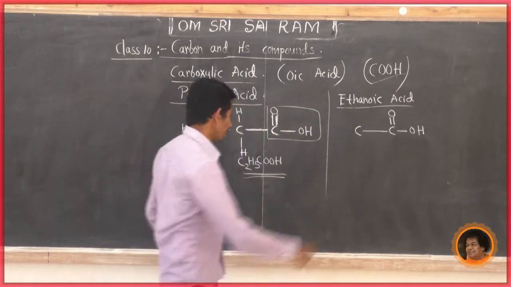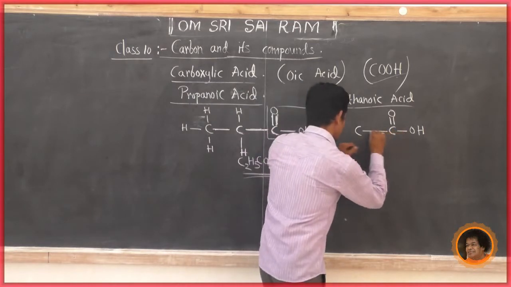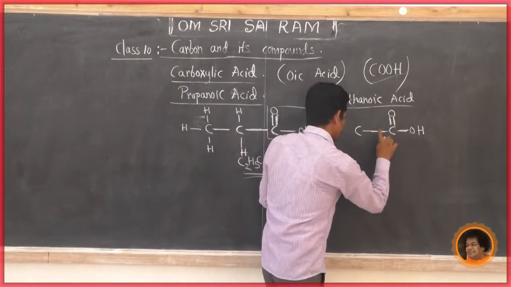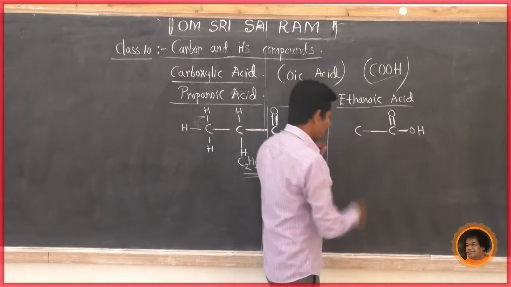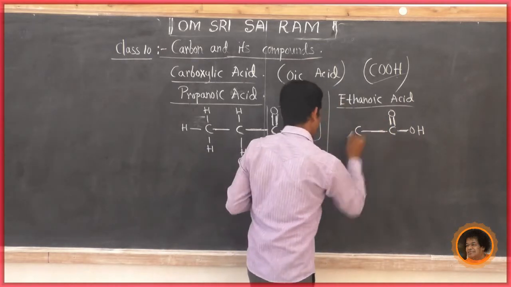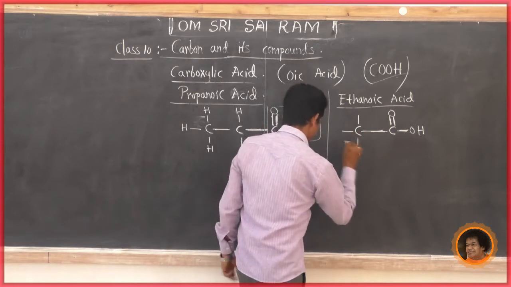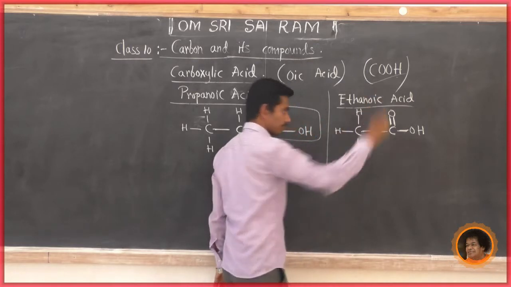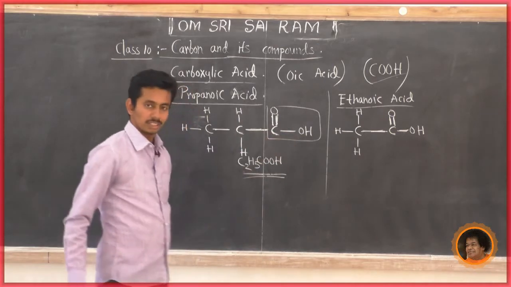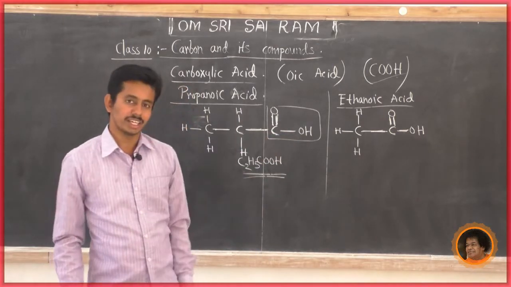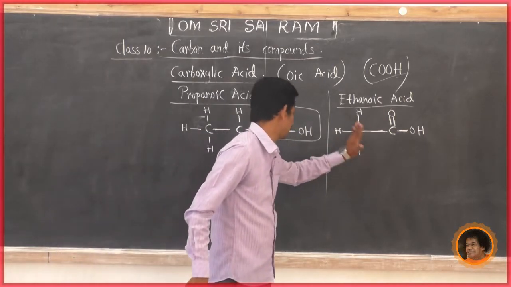After that, 4 covalent bonds are over for this carbon: 1, 2, 3, 4. For the other carbon, only 1 covalent bond is used, so the second, third and fourth are shared with hydrogen. Now this is the structural formula of ethanoic acid.